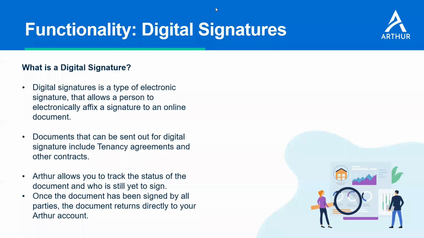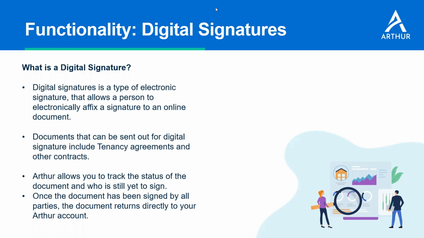If you want to add a signature box in those, you can do those as well. Arthur allows you to track the statuses of documents and who is still yet to sign, which is really good. And it also has a live feed from Signable with an activity log, so you can see exactly what's going on.